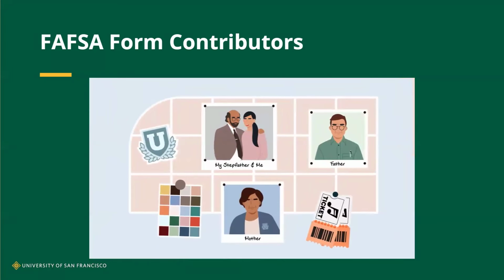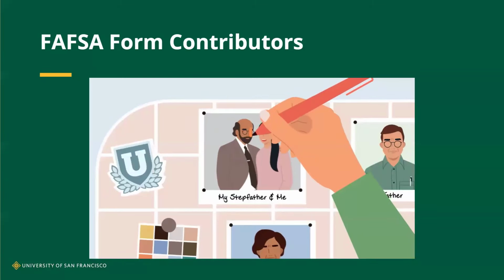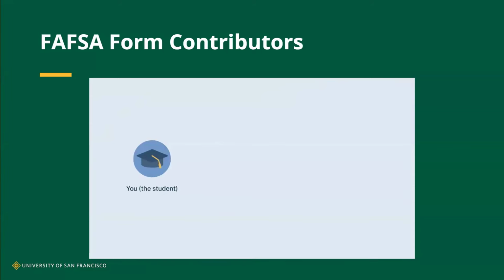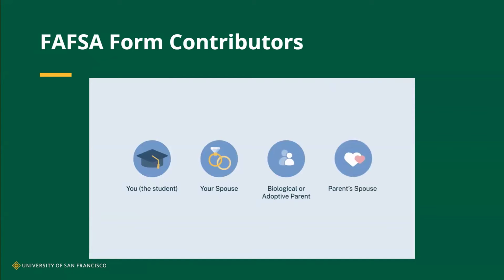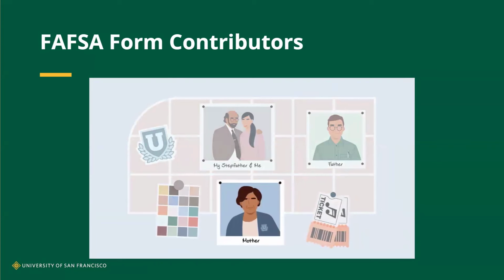A contributor is anyone who is required to provide consent and approval to have their federal tax information transferred directly from the IRS into the FAFSA form and a signature on the form. You, the student, are considered a contributor. Other contributors may include your spouse, your biological or adoptive parent, or your parent's spouse, a stepparent. If your family member is identified as a contributor, it does not mean that they have an obligation to pay for your education.